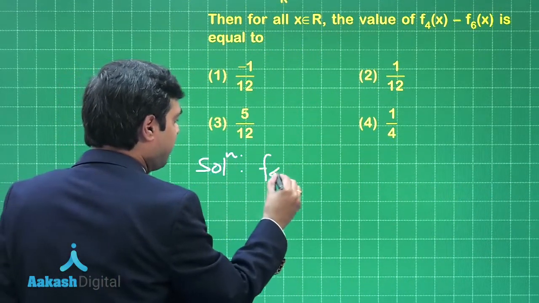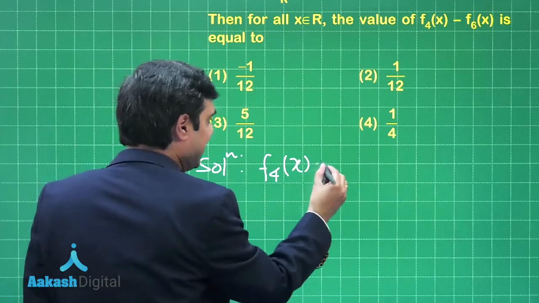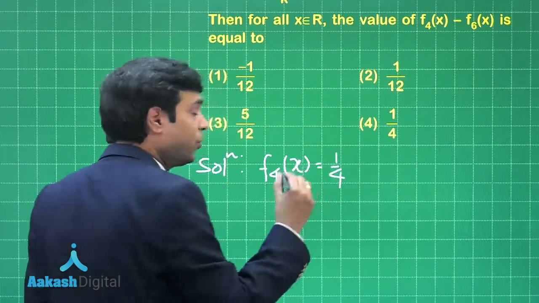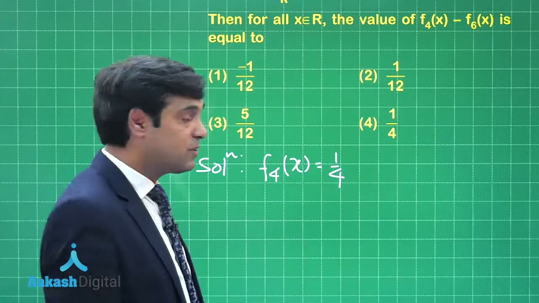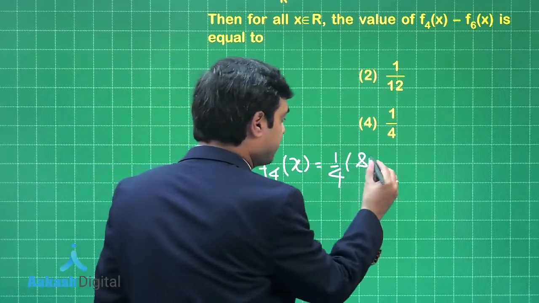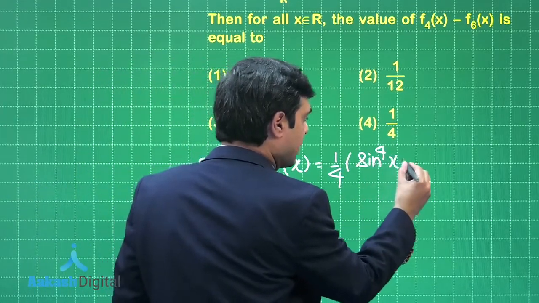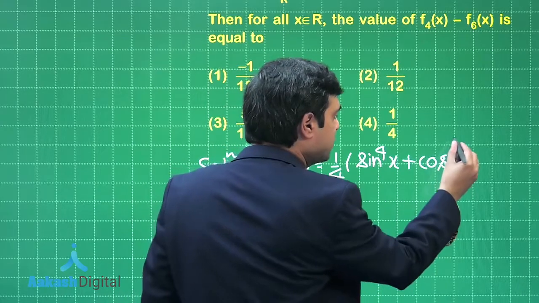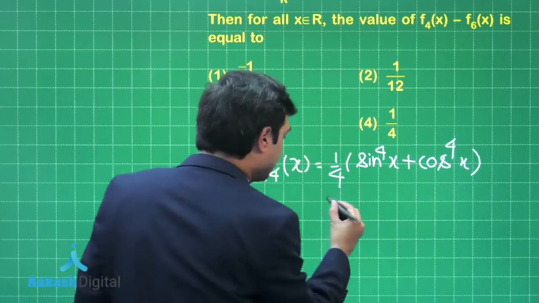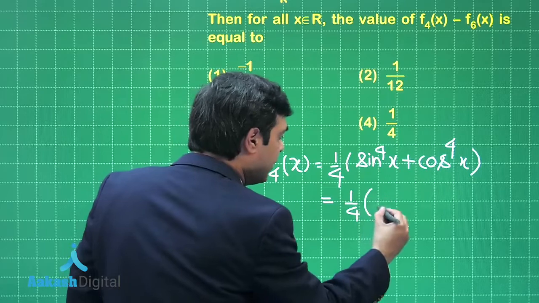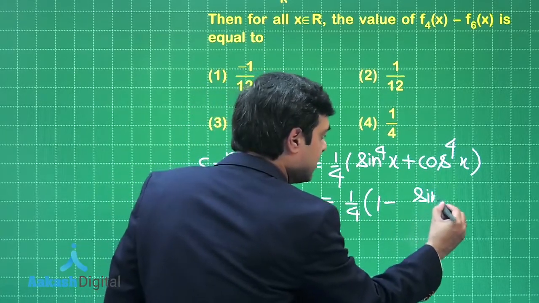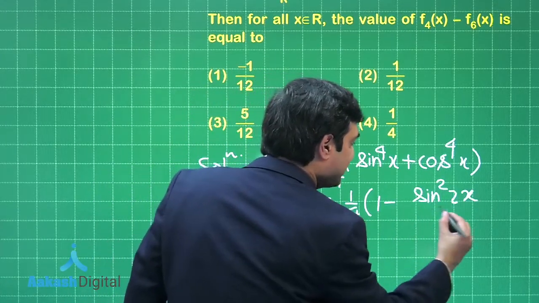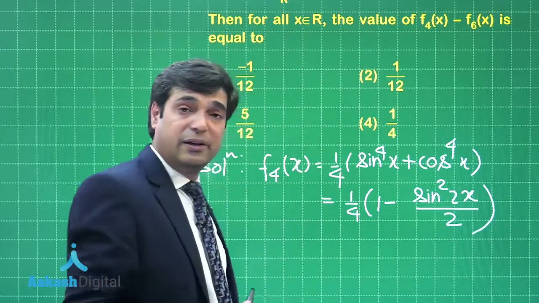We can write f_4(x) is equal to 1/4 of (sin⁴x + cos⁴x). This is equal to 1/4 of (1 − sin²2x/2), right.